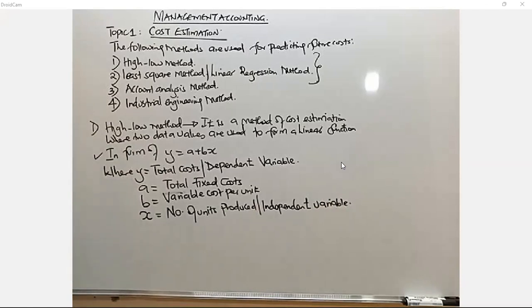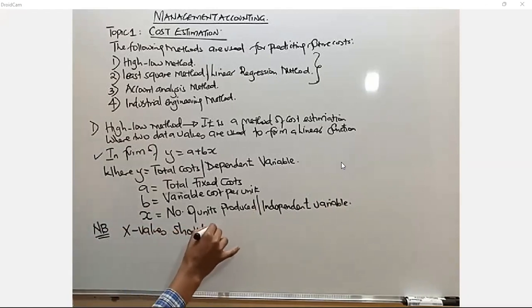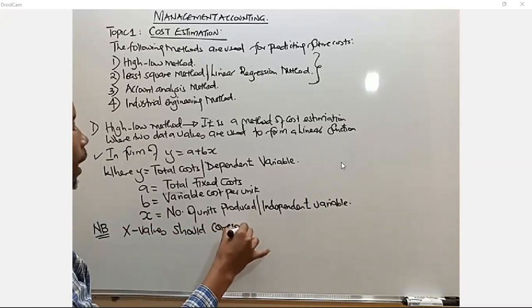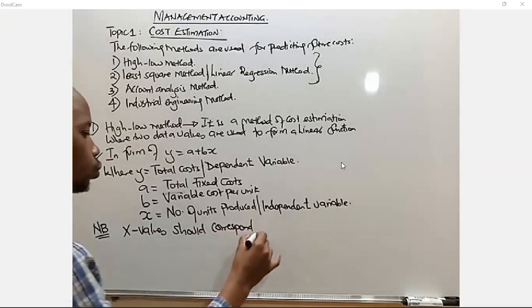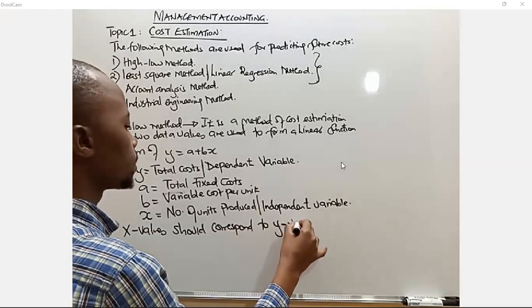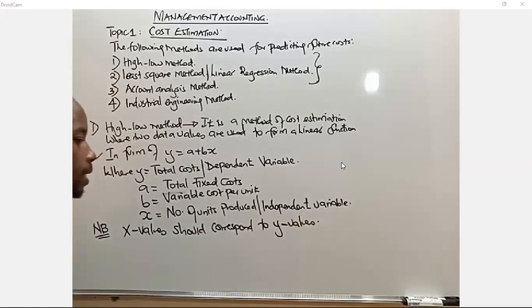Now, from that concept, because you have the advantages and disadvantages of the high-low method, I just need to tell you one thing: the x values should correspond to the y values. What am I saying?